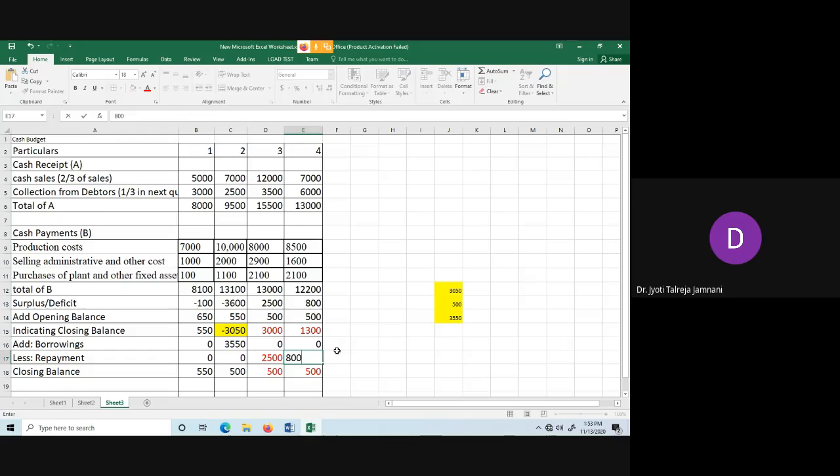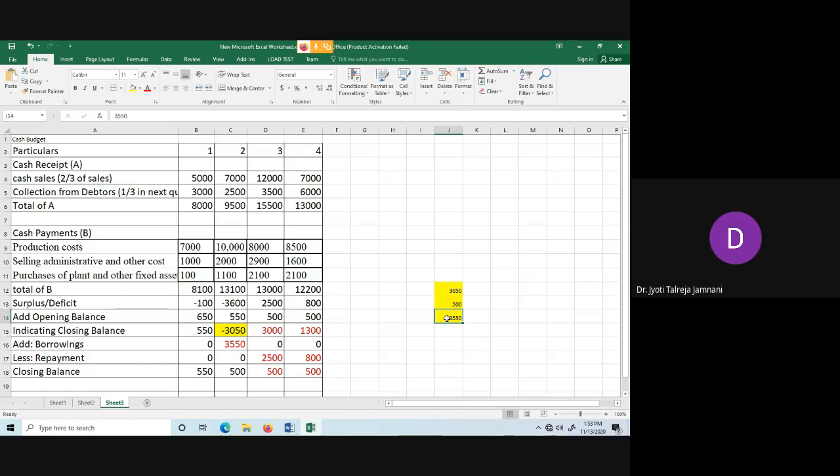While repaying, you need to also check whether your loan amount is there that much or not. It is there. See here, 2500 plus 800. We have borrowed 3550. So 2500 plus 800 is 3300. So I have repaid these two loan amounts. Okay, so now if you see, every quarter we have a minimum balance of 500 as expected.